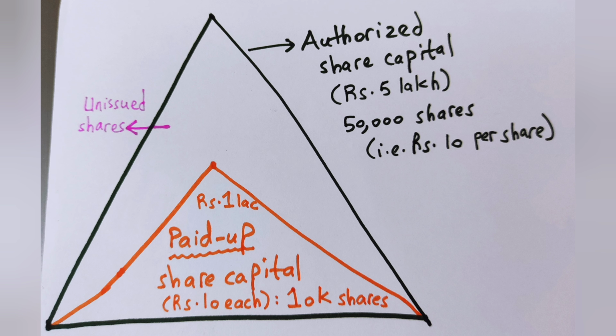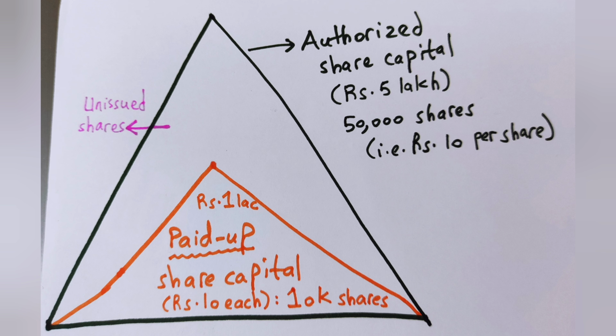So paid up share capital is going to be that amount which you have issued. For now, just presume that these two are interchangeable: paid up share capital is also called issued capital. Why? Because this represents the shares that you have already issued.